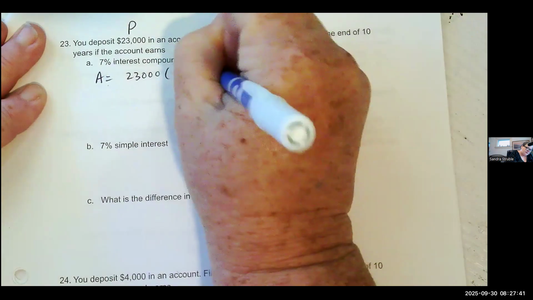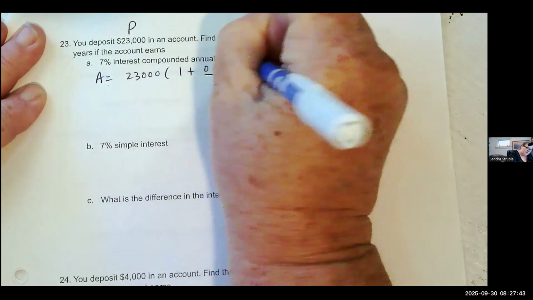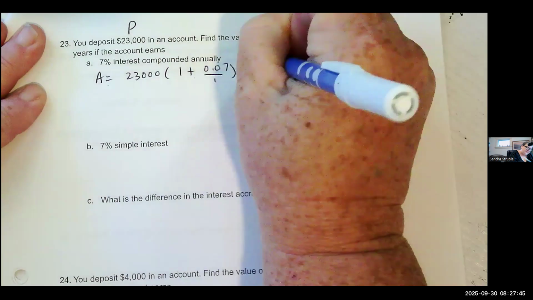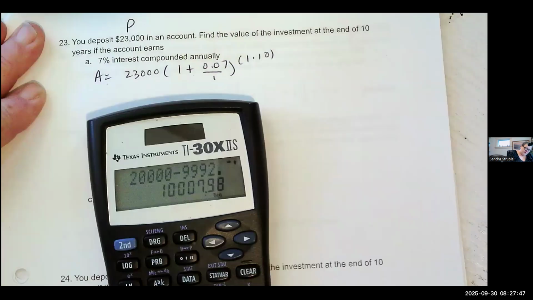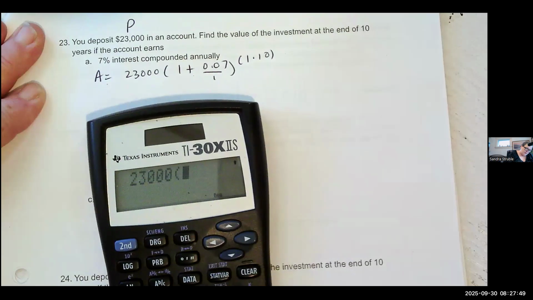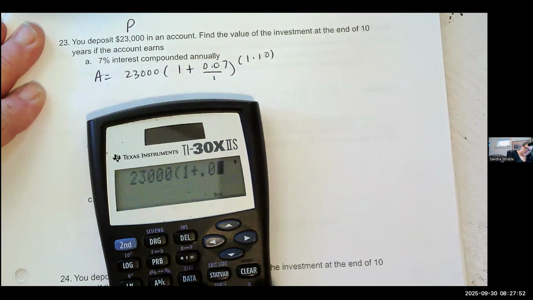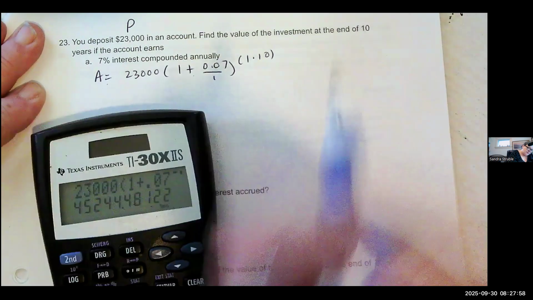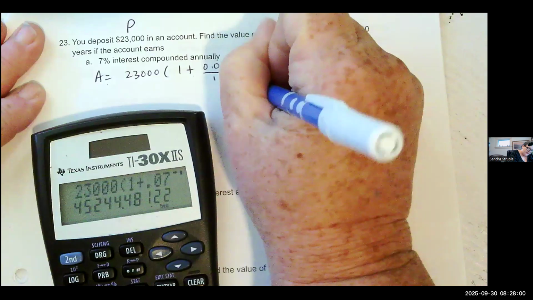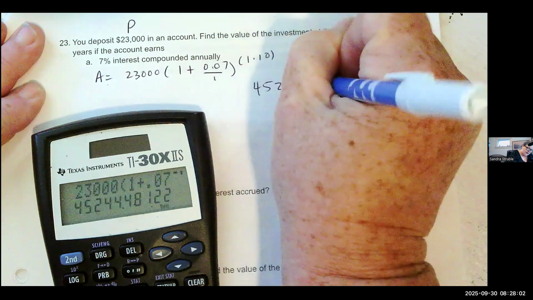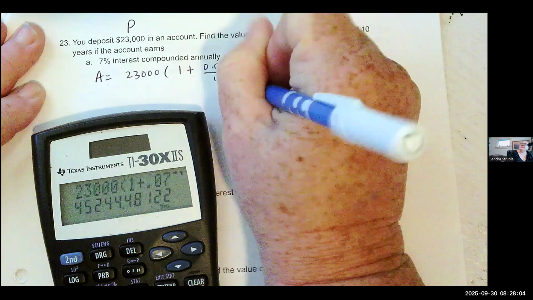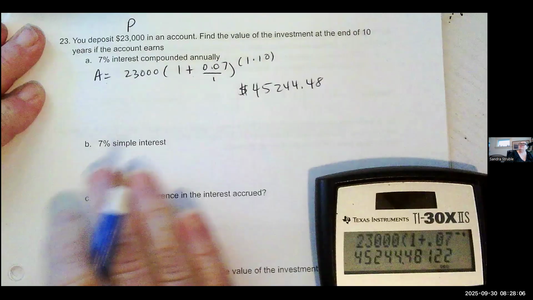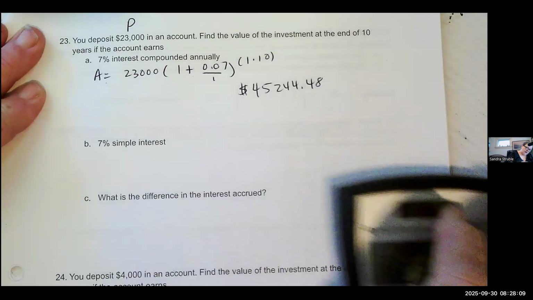So 0.07 divided by 1 raised to the 1 times 10 years. 23,000, parenthesis 1 plus 0.07 divided by 1, close, caret, open, 1 times 10, close, equals. So you will have $45,244.48 with this method. If you do 7% simple interest, what does that look like?